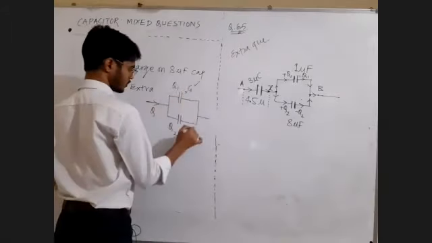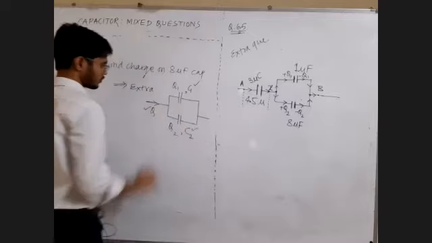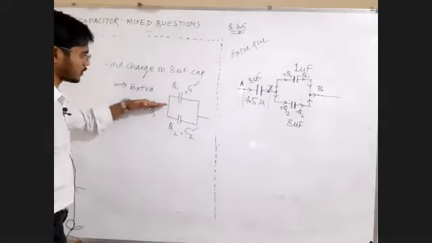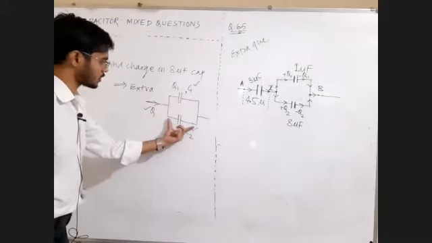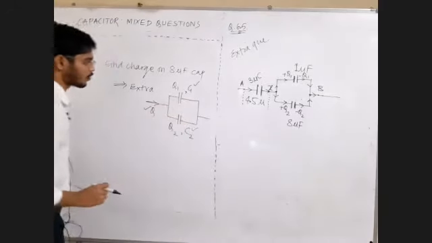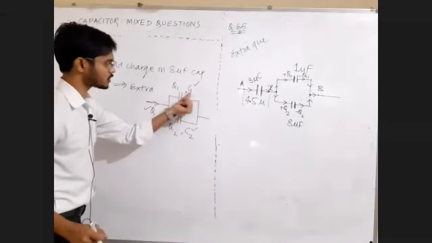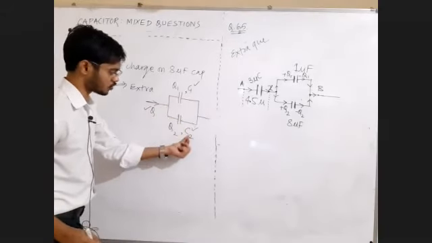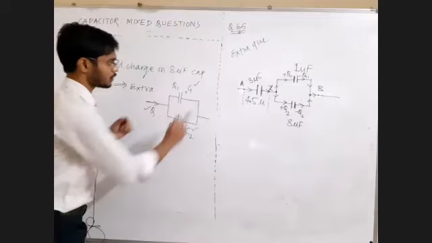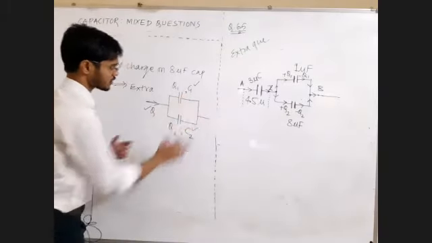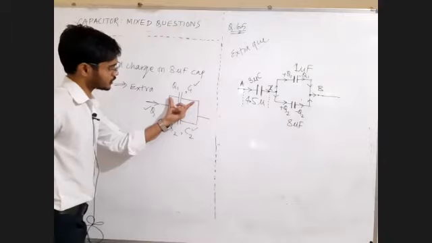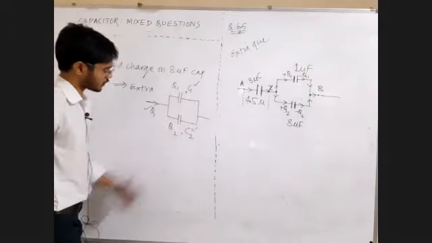C1 value is given to me, C2 value is given to me, total charge is given to me, and the charge splits up and down. So this branch and this branch will contain how much charge, that I want to find out. So capacity of this branch C1, capacity of this branch C2. I am saying capacity of branch. If you are given some series combination, then find out the equivalent capacity first and get a single capacitor for this branch, and a single capacitor for this branch.